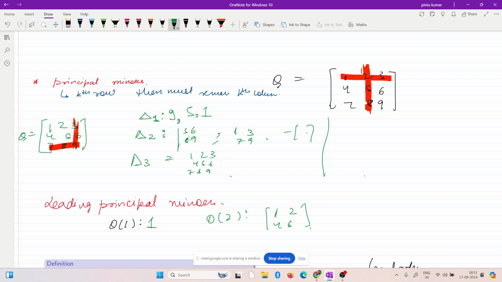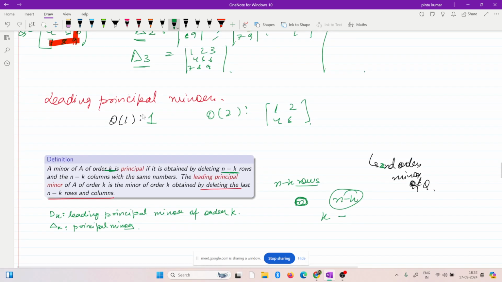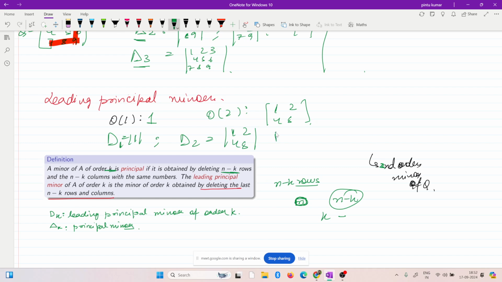So this 2 cross 2 matrix determinant, I'll denote by this triangle 1 or delta 1 or delta 3. And similarly for these, I'll define D1 to be the determinant of the size 1 leading minor, D2 as the determinant of the size 2 leading minor, and D3 as the determinant of the size 3 leading minor.